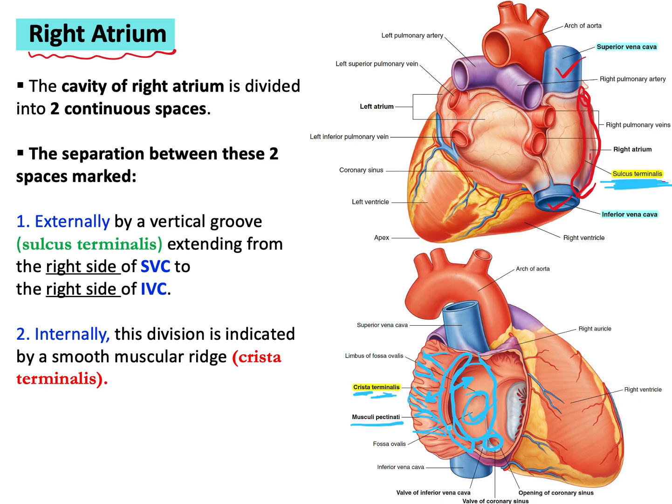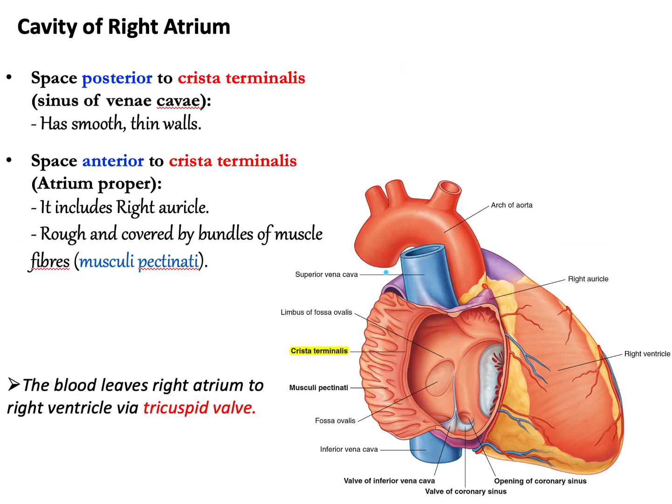We'll talk about it. So this is what I mentioned, right? So this space that's posterior to the crista terminalis, which indeed we consider as a sinus for the vena cava. Like this is the inferior vena cava and this is the superior vena cava.